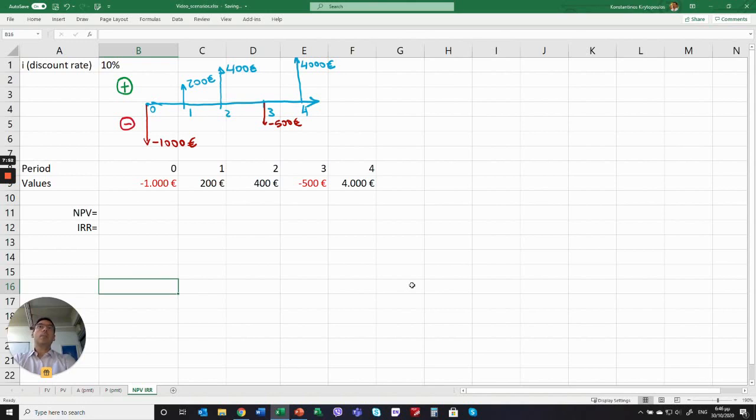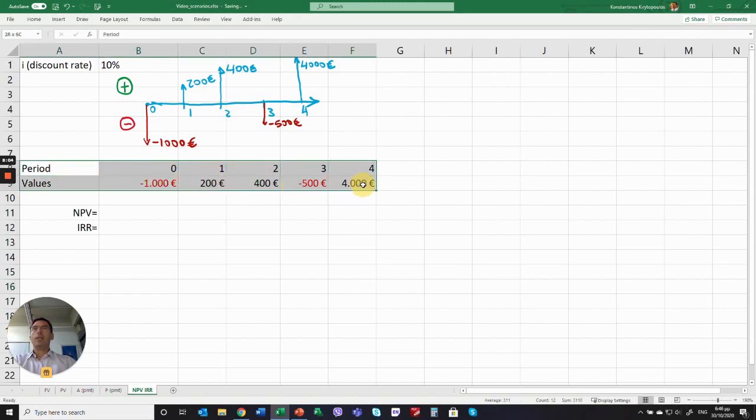I'm going to need to pay 500 euros in year 3, and I'm going to receive 4,000 euros in year 4. So I am preparing a table where I have for each period the values that correspond to each period. These are future values, and then I need to bring all these values to today's present value.